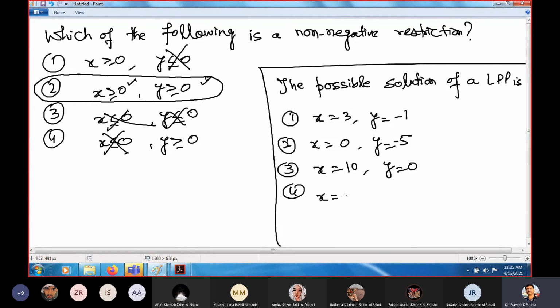And 4, x is equal to -3, y is equal to 4. Yes, what is the correct solution?